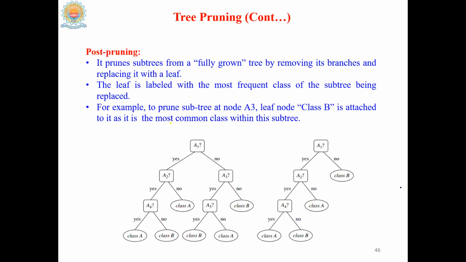The leaf is labeled with the most frequent class of the subtree being replaced. For example, to prune subtree at node A3, the same example here we have taken, the leaf node class B is attached to it, as it is the most common class within the subtree.